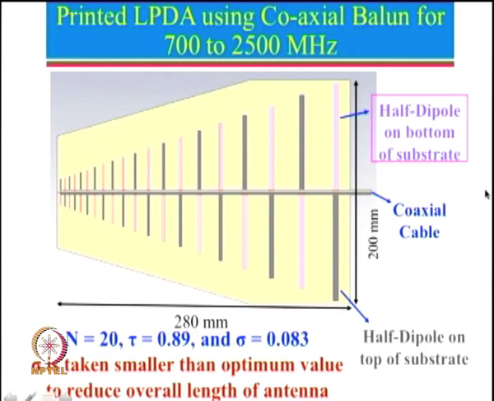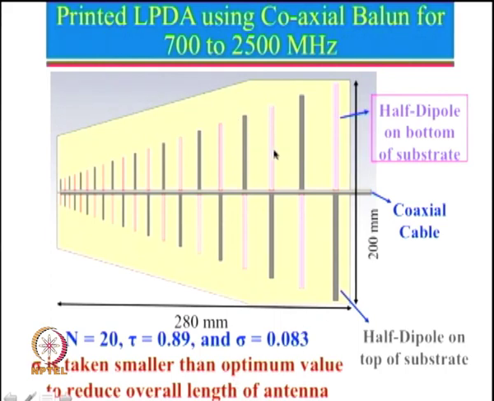So, as you increase the frequency of operation, at the lowest frequency these will be active, and as frequency increases, the active region will move towards this. For any in-between frequency, for example, these will act as reflectors and these will act as directors.